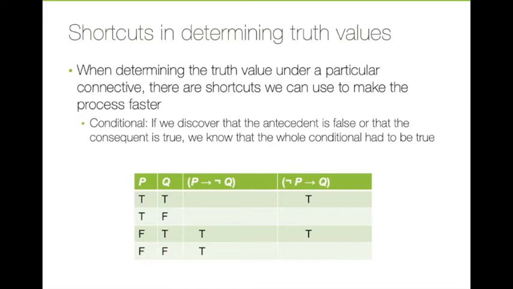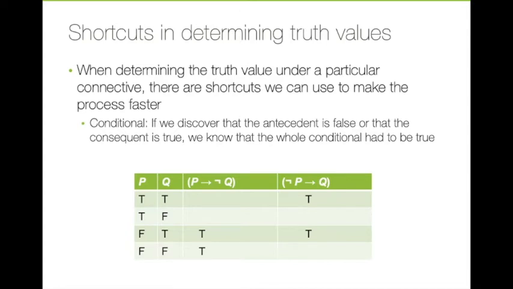Again, remember that characteristic truth table. The conditional is only false when the antecedent is true and the consequent is false. So this gives us two different kinds of shortcuts. One is, if we discover that the antecedent is false, we know the whole conditional has to be true.